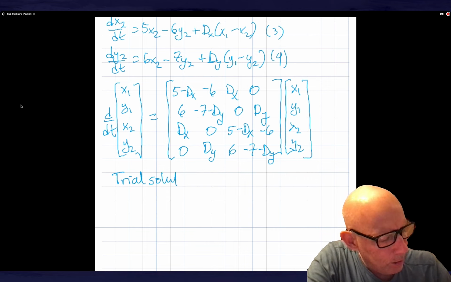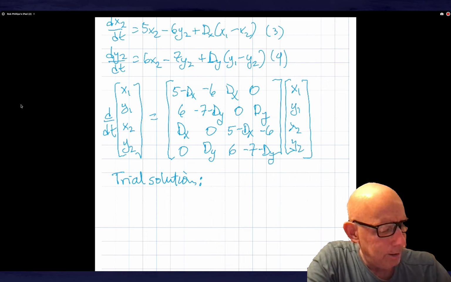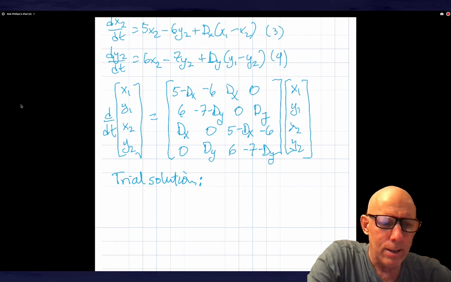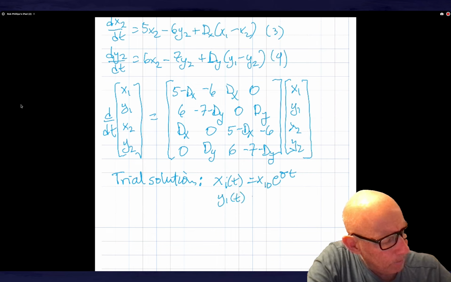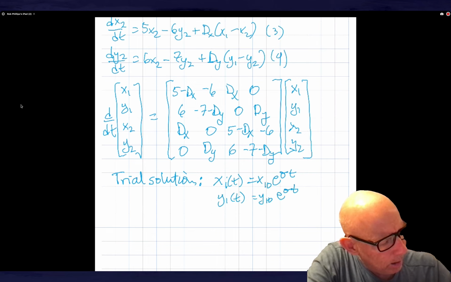Because these are linear ODEs with constant coefficients, I know that x1 of t is equal to x10 e to the sigma t, y1 of t is y10 e to the sigma t, x2 of t is x20 e to the sigma t, and finally, y2 of t is y20 e to the sigma t.